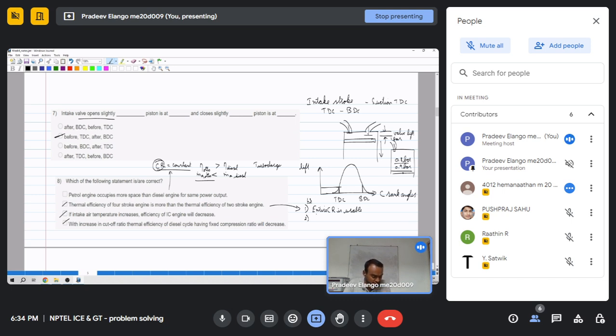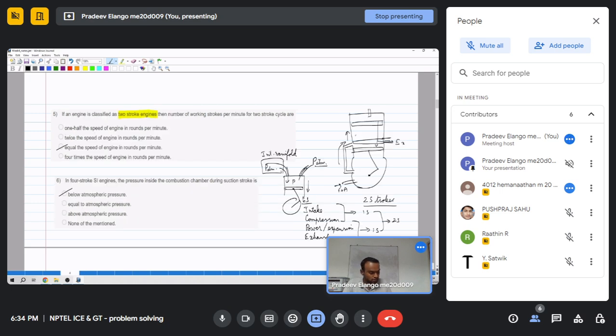Now the second is, scavenging issue is not here. Do you know what is scavenging? So scavenging, in this case in 2-stroke engine, involves unburnt fuel. Scavenging is a process which involves unburnt fuel.